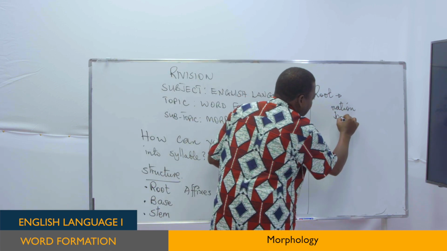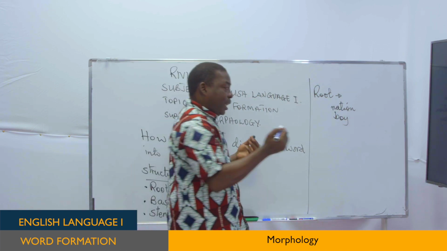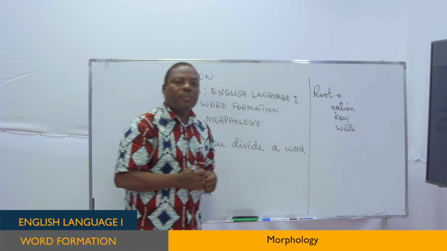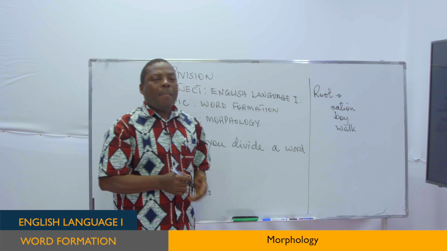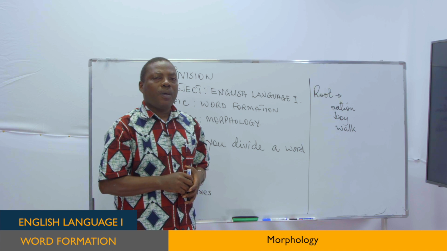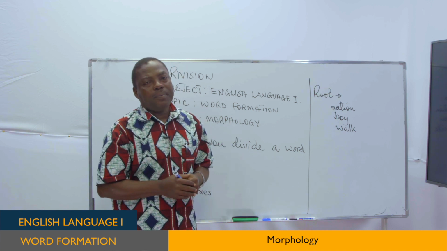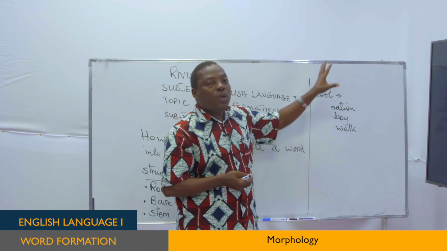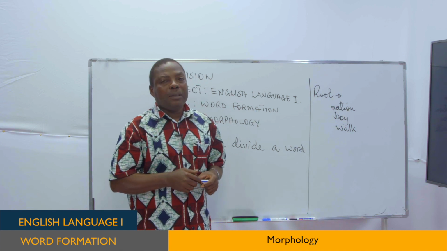You have this word boy. You can have even another word like walk. These words by themselves are roots. They carry the basic part of a word, and you cannot remove any of these letters without destroying the meaning of what has been presented.